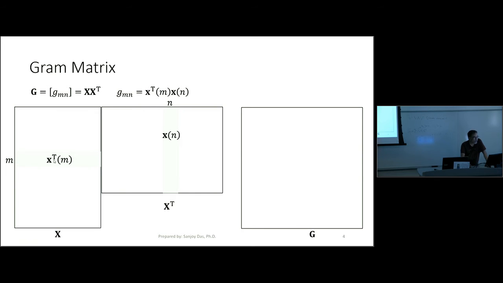Here, if I take the mth row and the nth column, then I'll get my element mn in the product, G. So from here you can see that at the mth row and nth column, the corresponding element of this matrix G is x(m) transpose x(n), which is the inner product of the mth sample and the nth sample. Okay?